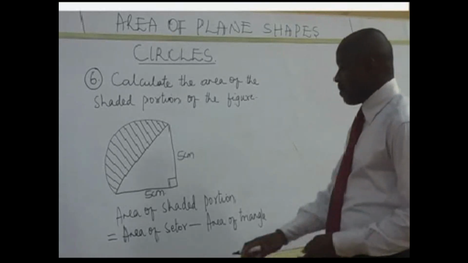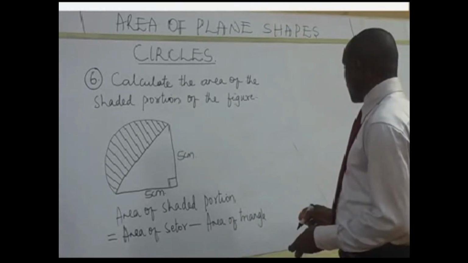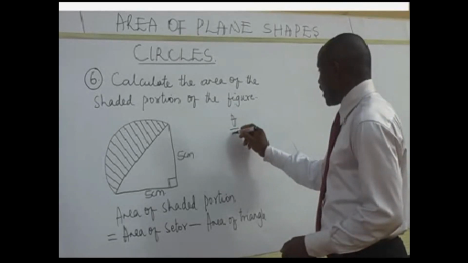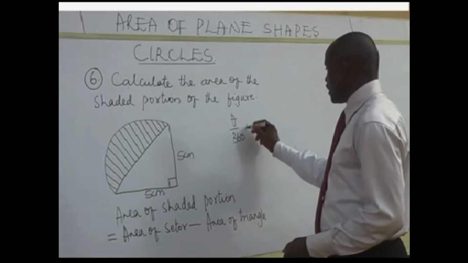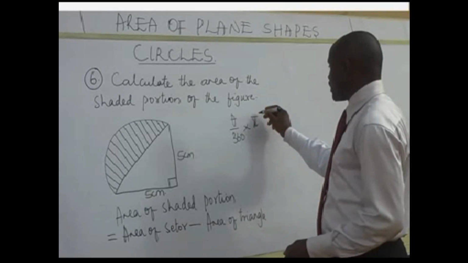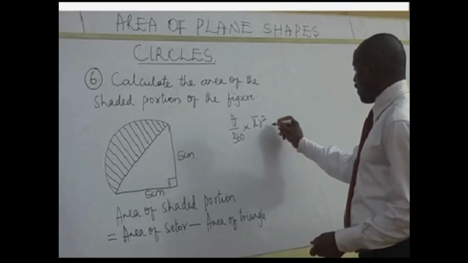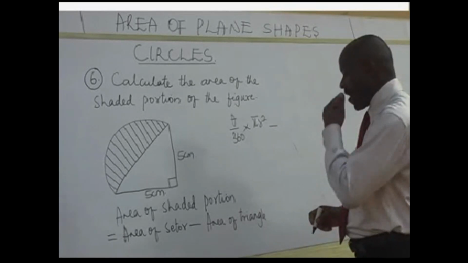So let's start from area of sector. Area of sector can be calculated from this formula, theta over 360 times pi r squared. Then minus area of triangle.